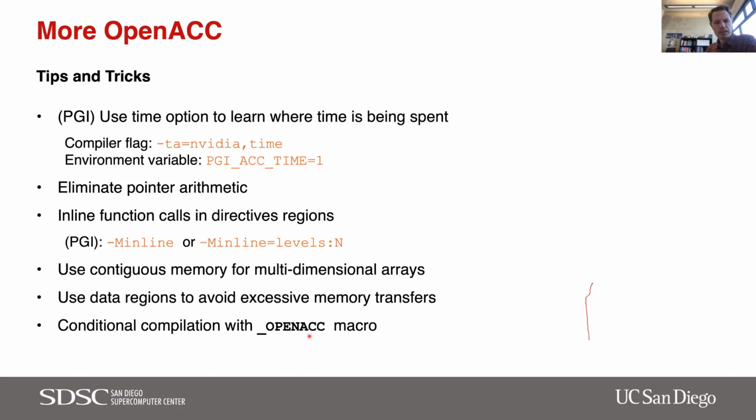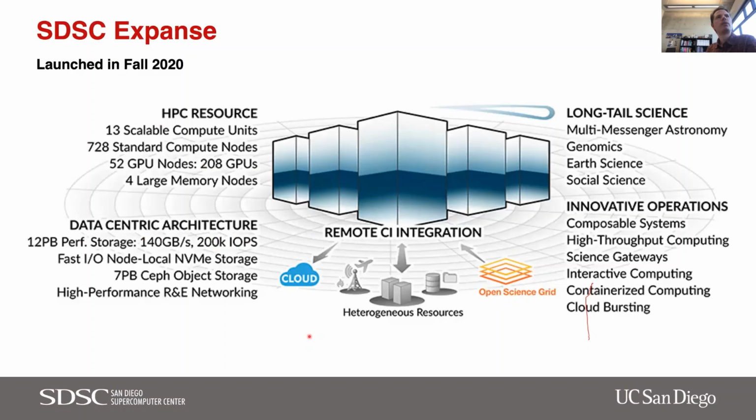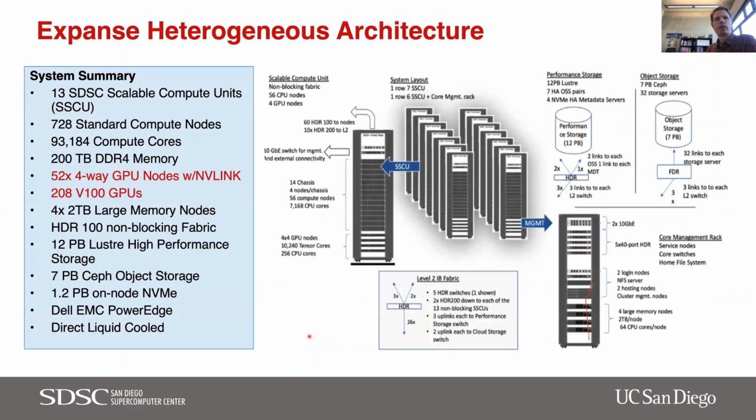Now I filled my time, but I very briefly want to tell you how to access GPU nodes on Expanse before handing over to Mahidhar. You already heard about Expanse. We have 52 4-way GPU nodes. They're interconnected with NVLink, so they can talk to each other very fast for parallel computations across GPUs.